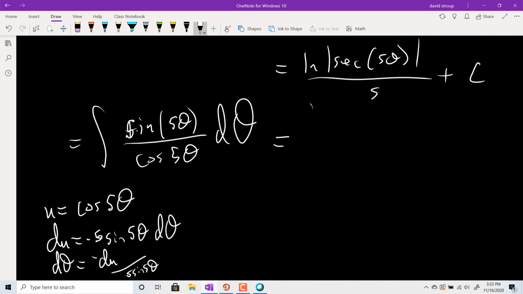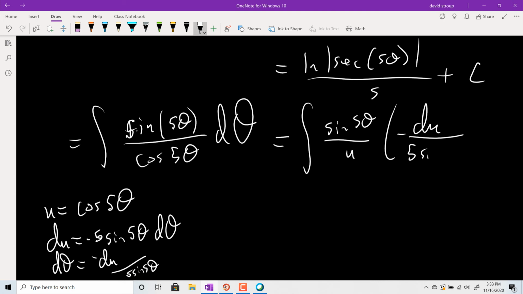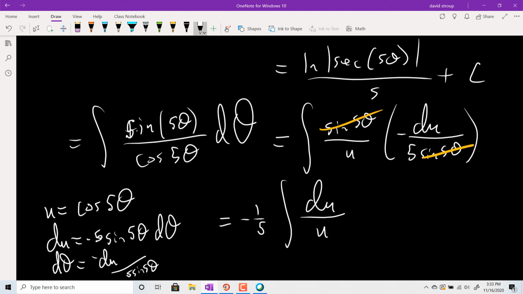So we can rewrite this as the integral of sine of 5 theta all over u times negative du all over 5 sine of 5 theta. And the sine 5 thetas magically disappear. And you could pull out a factor of negative 1/5. And then you just have your natural log integral.